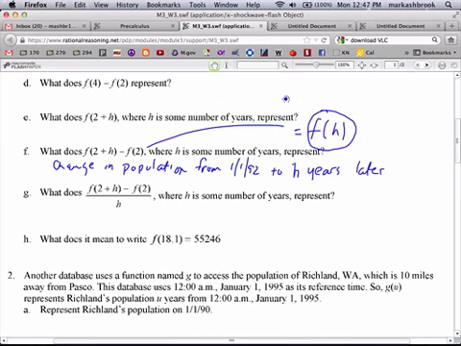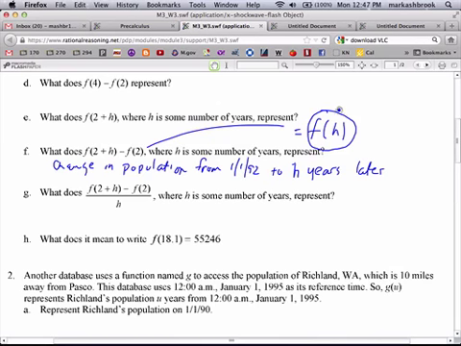What does f of h represent? Is this a change in population or a population? Just f of h. That's just a population. What population is it? This is the population of Pasco h years after January 1st, 1990.